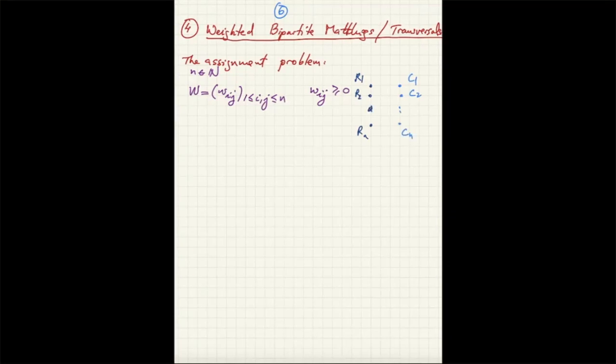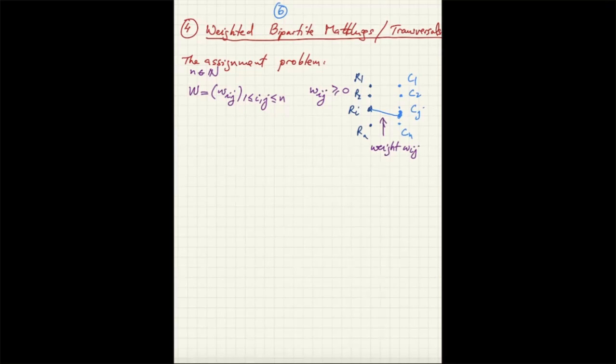But now you can think of it as a weighted graph in which an edge from row i to column Cj gets weight Wij. So if the weight is 0, then you can think the edge is not there.